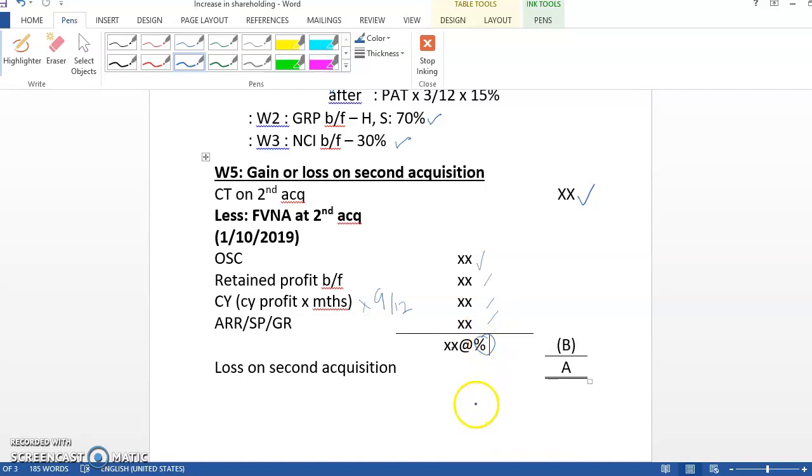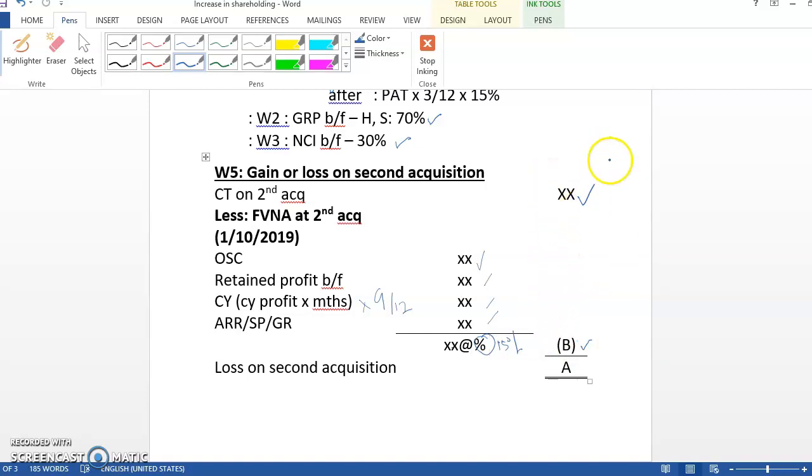So the difference between 30% to 15% is 50%, so you will times with 50% here. The 15% is not the additional acquisition, this is the difference in the NCI. This figure, XX times the percentage, I put it as B, because later on when we want to do the adjustment, it is easier for us to find out which figures to put in the respective accounts.